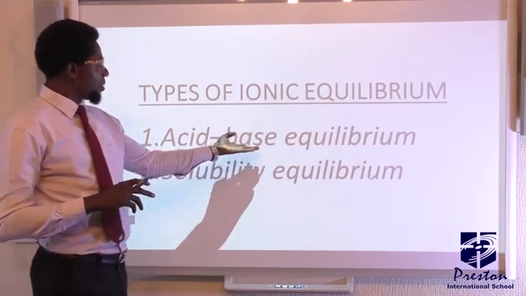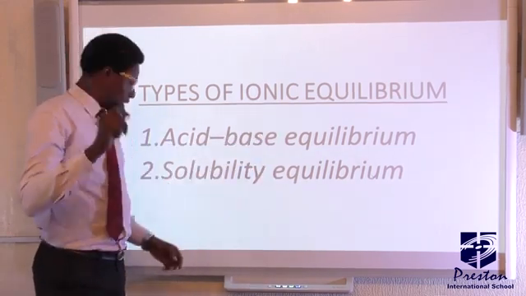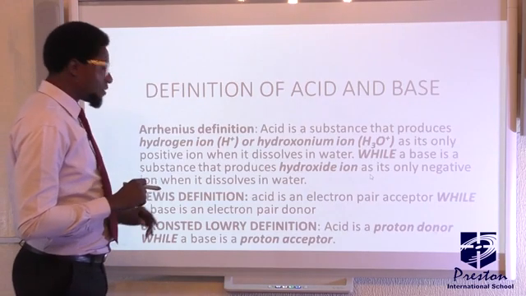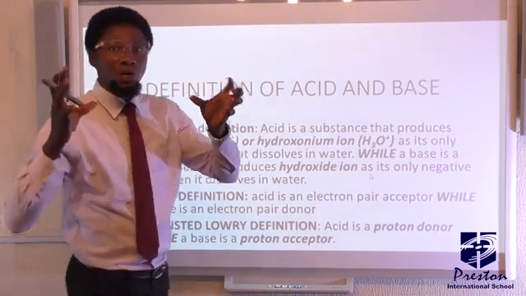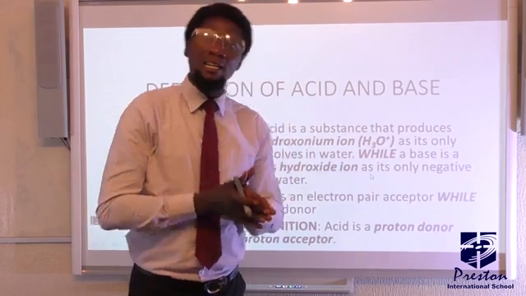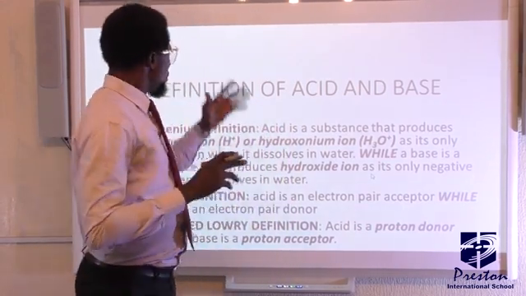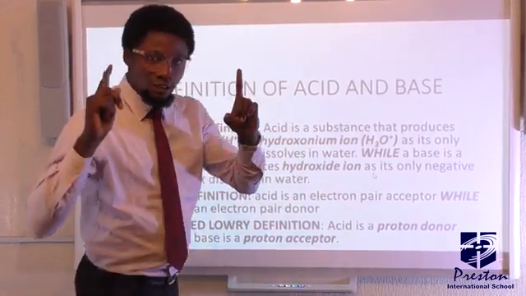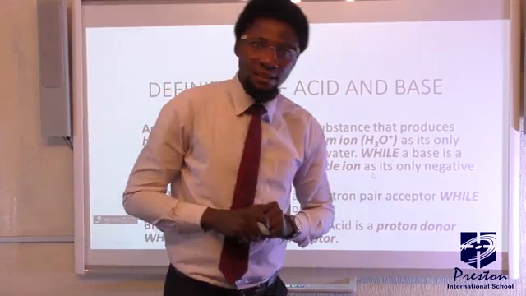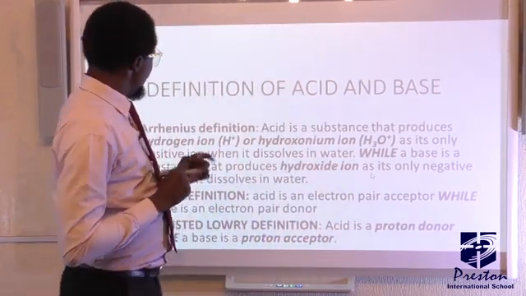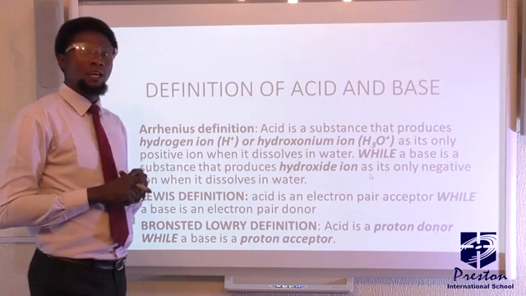Before we can have a deep understanding of this, it is very important for us to have a very good reference to our definition of what an acid and base is. There are three schools of thought as regards the definition of an acid. The first one is the Arrhenius definition.